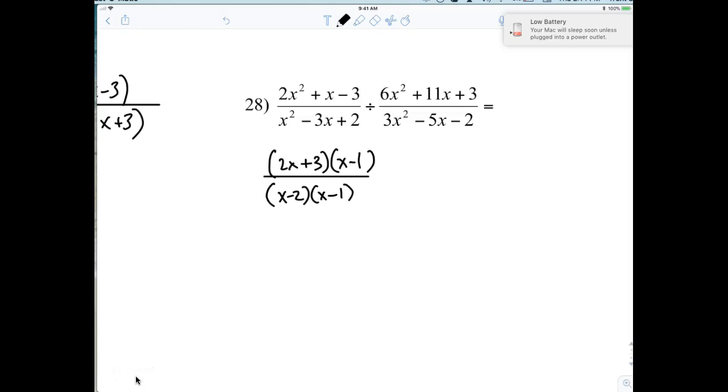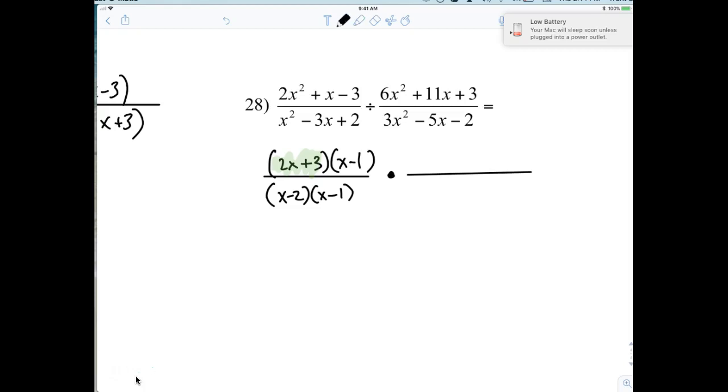Everybody okay with that? Now, the biggest mistake, multiplying. What's probably going to go on the bottom? 2x plus 3. I'm thinking 2x plus 3. I'm always looking around trying to make it easy on myself.